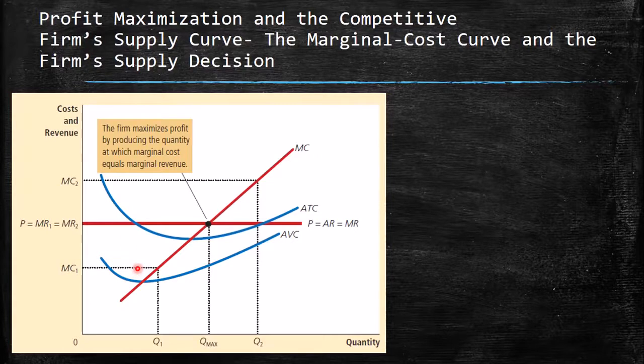So this is not efficient, because you can produce more and you still will receive income higher than this cost, and it will become positive profits. Let's think about a Q2. This Q2 provides this marginal cost, but your income is going to be this one. It doesn't make any sense.